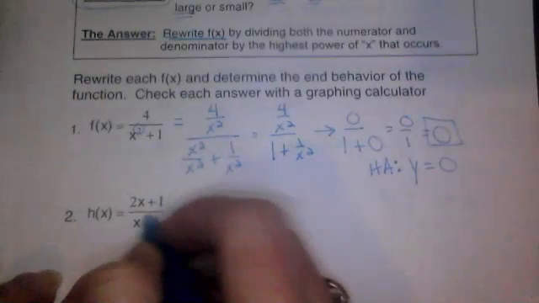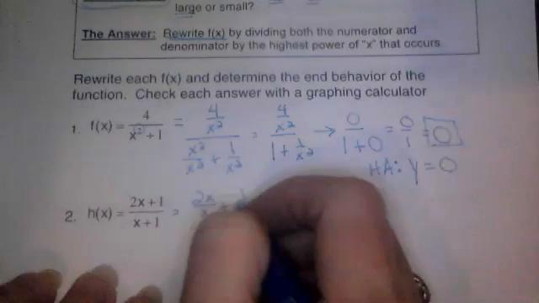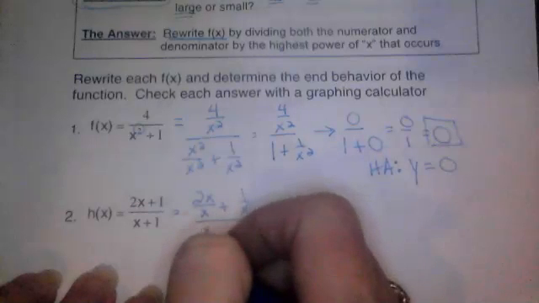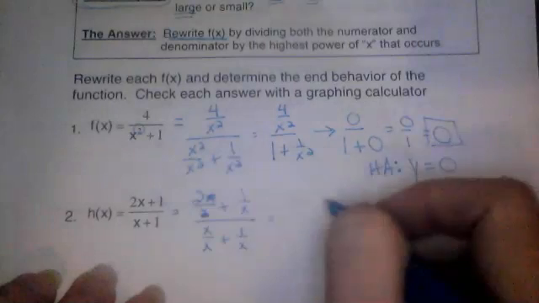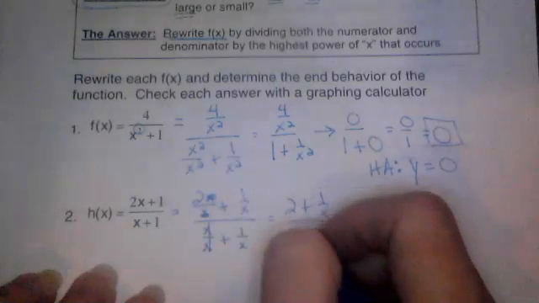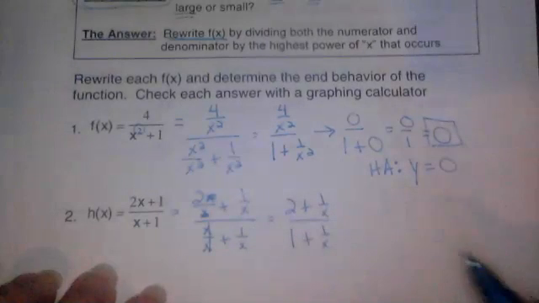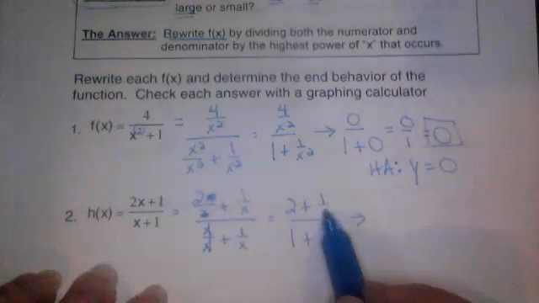In this one, the highest power is just x, so we're dividing everything by x. The x is reduced, and I get 2 plus 1 over x. Here, the x is reduced to just 1 plus 1 over x. And again, the idea is that I'm going to put a very, very large value in for x.